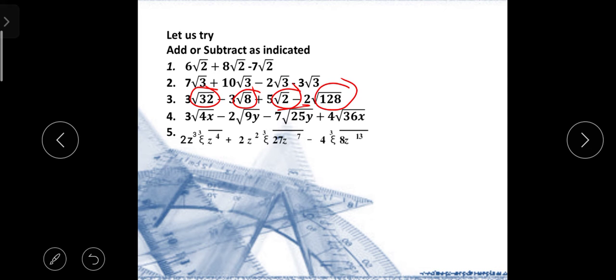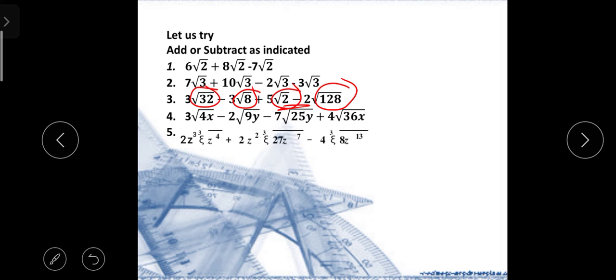So, kung nakikita nyo, ang pinakamababa dito ay square root of 2. So, para mapagsama-sama natin siya, kailangan yung square root natin ay magiging 2. So, ifa-factor natin siya or i-divide natin by 2. Pero kailangan, yung ilalabas natin na number ay perfect square.